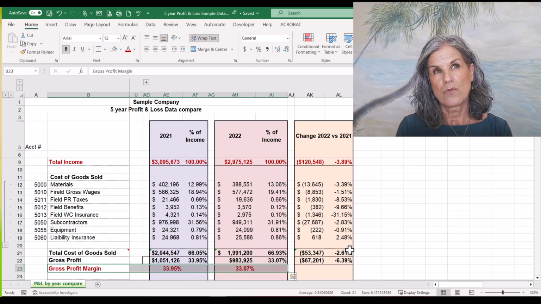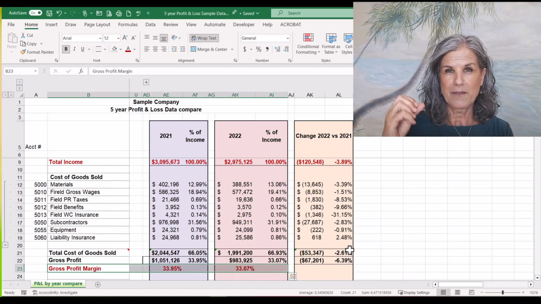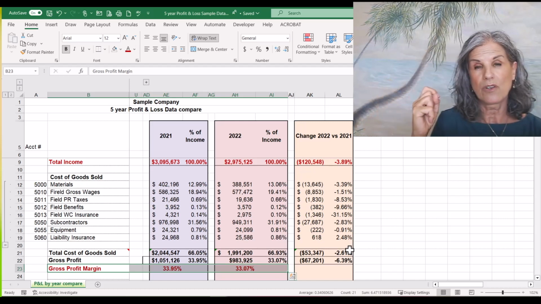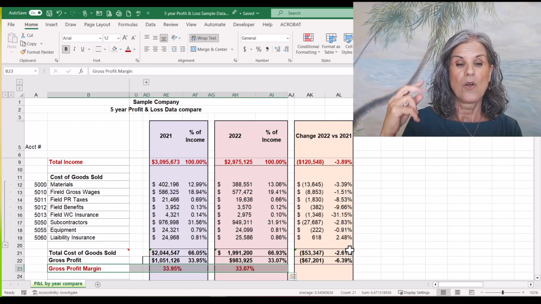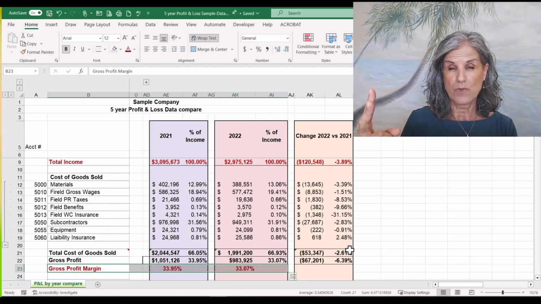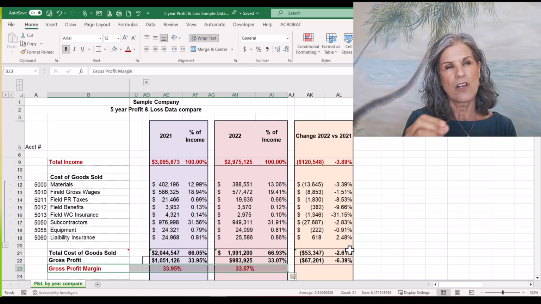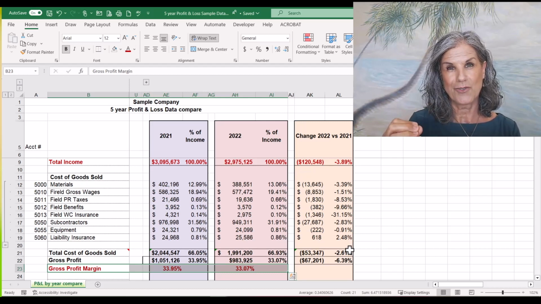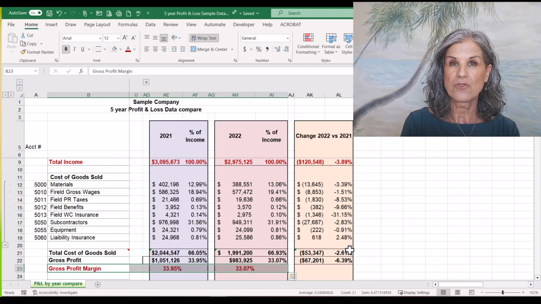Remember I said there are 2 ways to affect the bottom line: increase revenue or decrease costs. The only 2 ways to increase revenue are to sell more or to increase your rates, to charge more for your services. And I'm going to talk in a second about how you make sure that you're charging enough in your business to actually make a consistent profit on the bottom line.